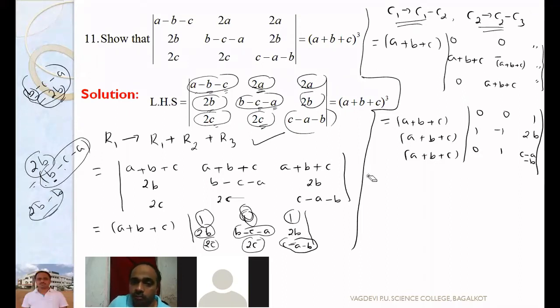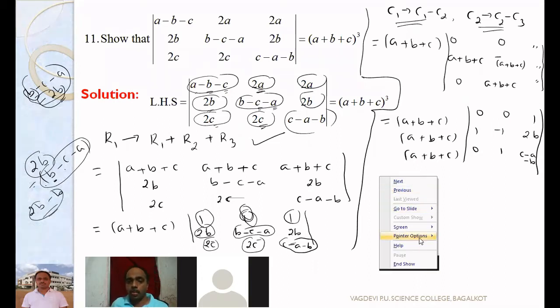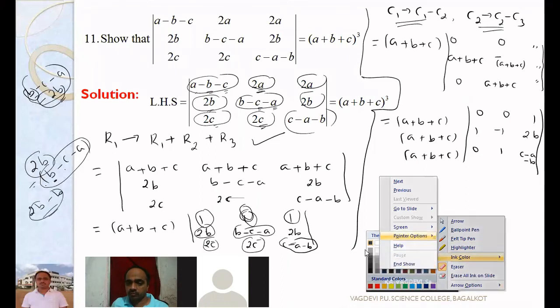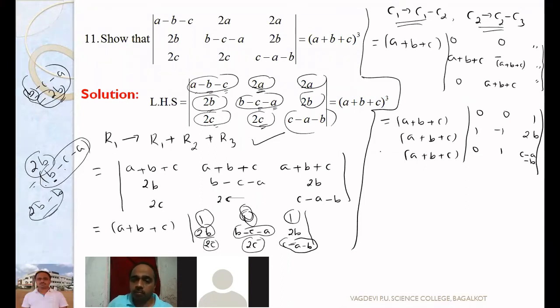It is a plus b plus c whole cube. So what I get? A plus b plus c whole cube here.